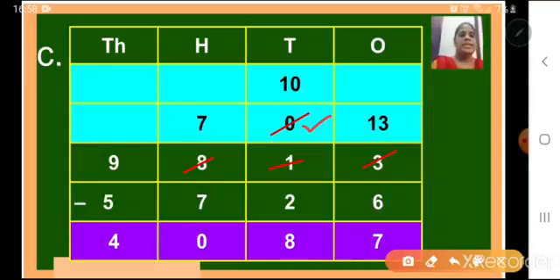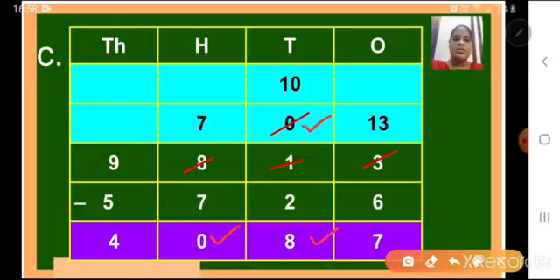Okay. 10 minus 2 is 8. In hundreds place 7 minus 7. Children, now here there is no need to borrow because 7 minus 7 is possible. 7 minus 7 is 0. So write down here 0.